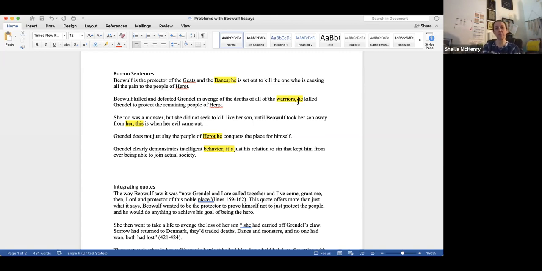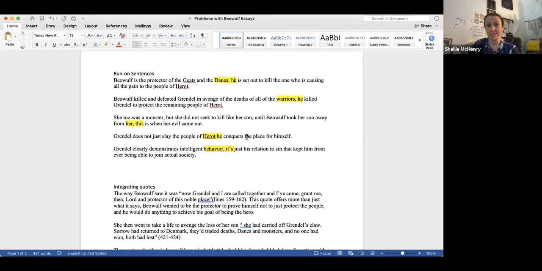So we could put one of our FANBOYS in here. We could add a conjunction to join the ideas together. But at the very least, we can't have a comma trying to hold together two complete sentences, or else we have run-on sentences. And in this case, we don't even have that. Grendel does not just slay the people of Heorot, he conquers a place for himself.